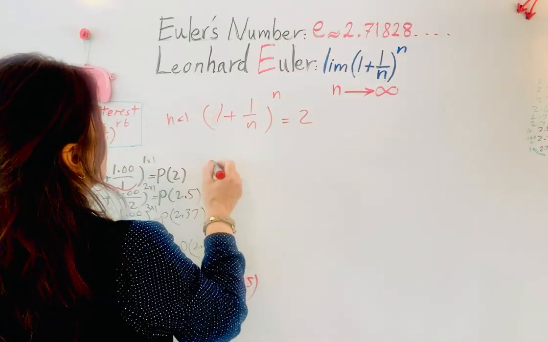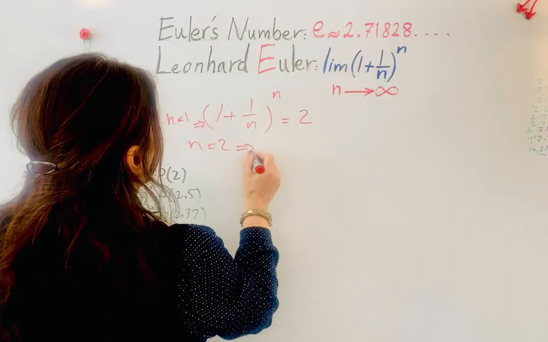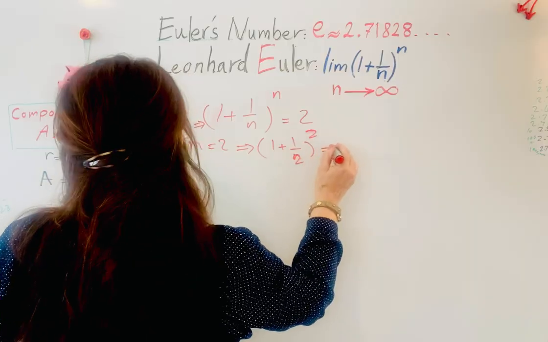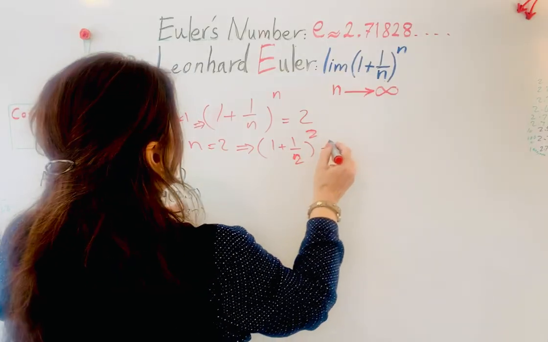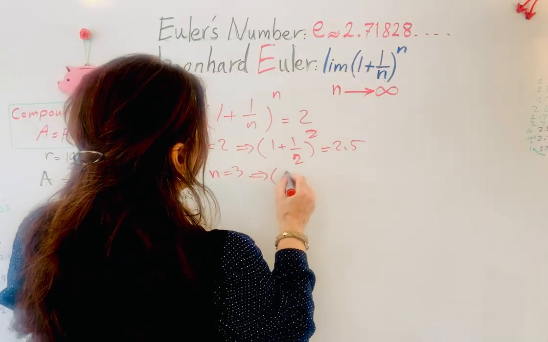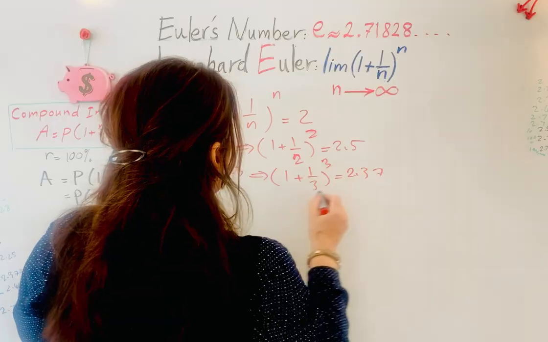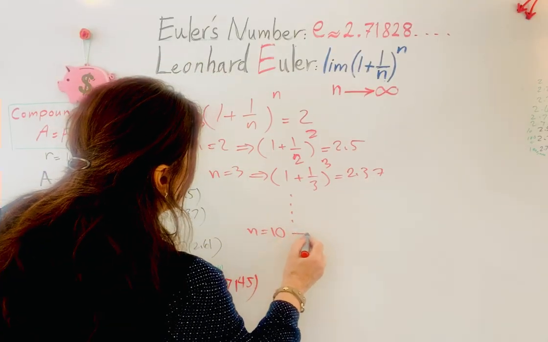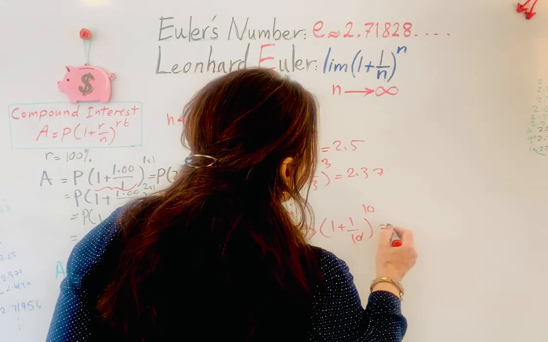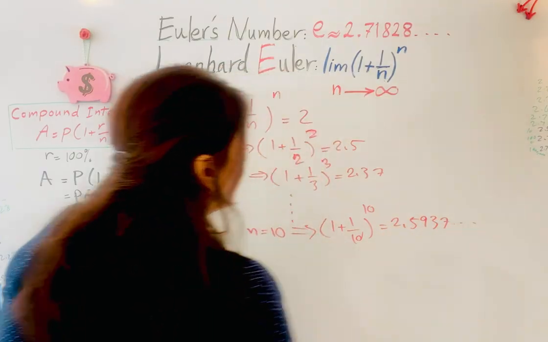When n is 2, we have 1 plus 1 over 2, squared, and that gives 2.5. And when n is 3, 1 plus 1 over 3, cubed, gives 2.37, and for 10 we get 1 plus 1 over 10, to the 10th, which gives 2.5937 something. This is an irrational number.